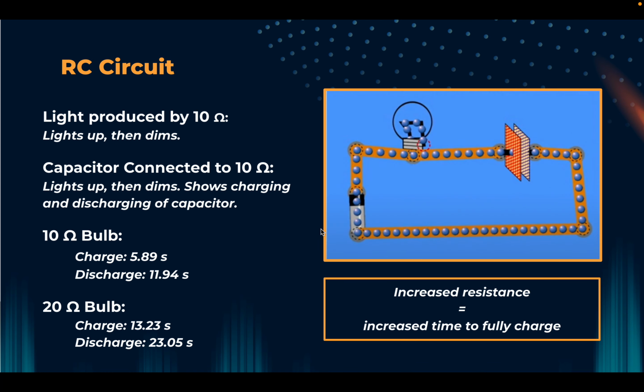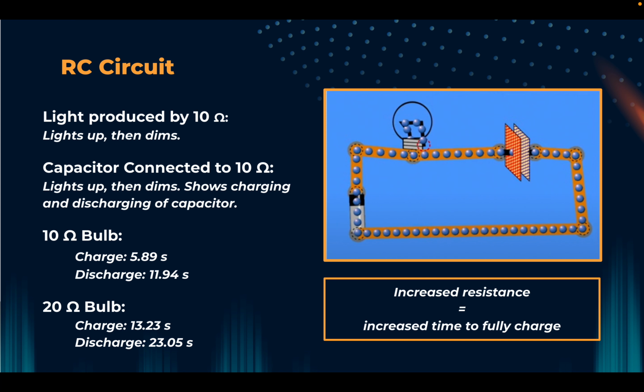Next we did a similar experiment with an RC circuit. We found that the 10 ohm bulb lights up and then dims. The capacitor connected to it also lights up and then dims, similar to what happened before. This is just showing the charging and discharging of the capacitor.